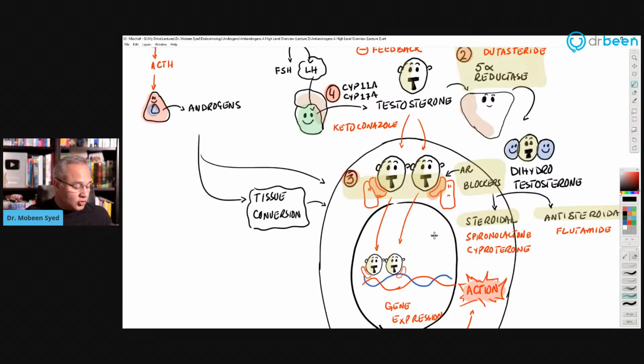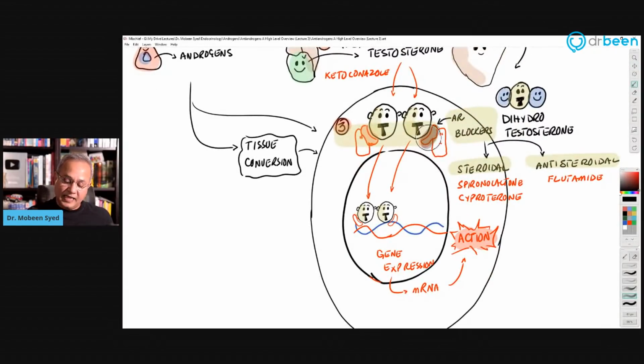So if you go inside the cell and block these receptors with which testosterone or dihydrotestosterone or other androgens come and bind, if you block these receptors, then it doesn't matter if we have testosterone. It does not matter if we have dihydrotestosterone. It doesn't matter if we have anything else.